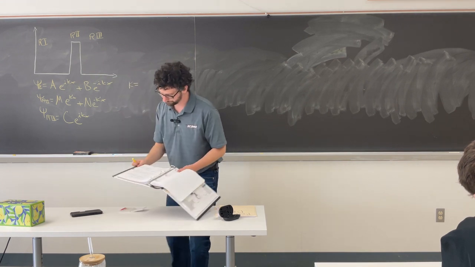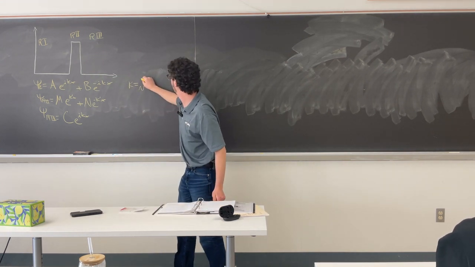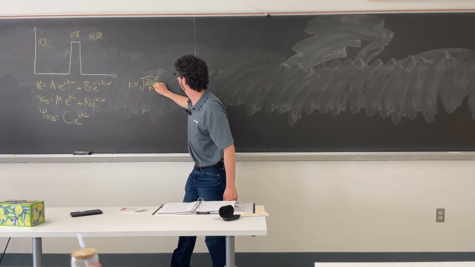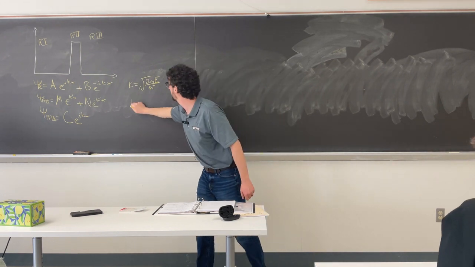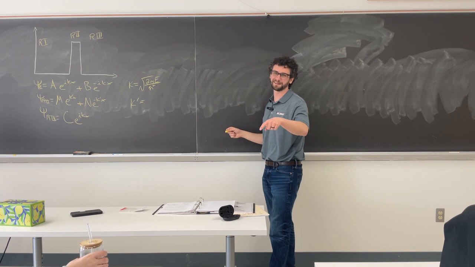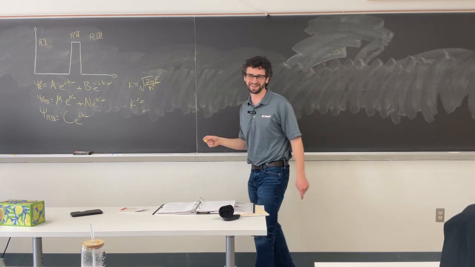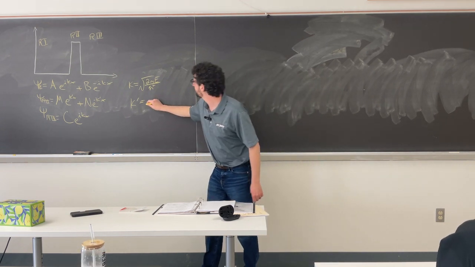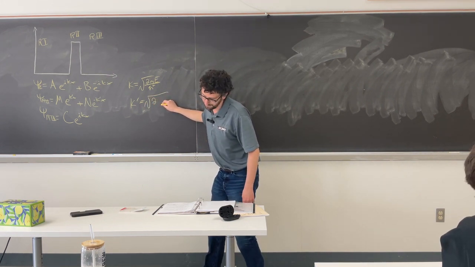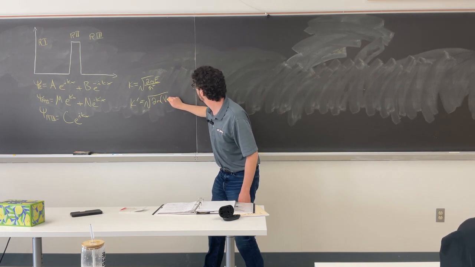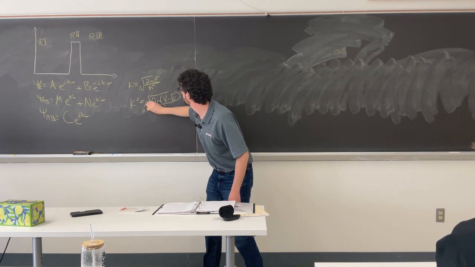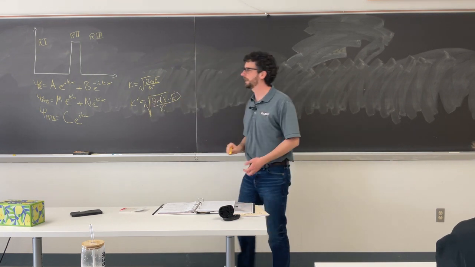Let's see. k was the square root of 2mE over h bar squared, right? And then k prime, which was actually one of the questions on your Quizlet that I think everybody skipped for the most part, was almost the same thing, except we pulled out the potential, because the potential in this case was just a constant value, right?